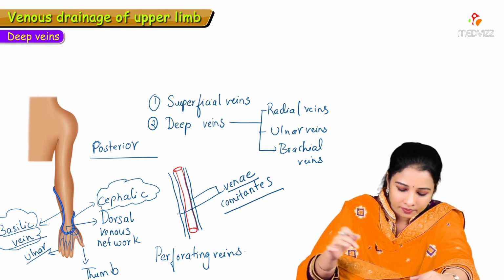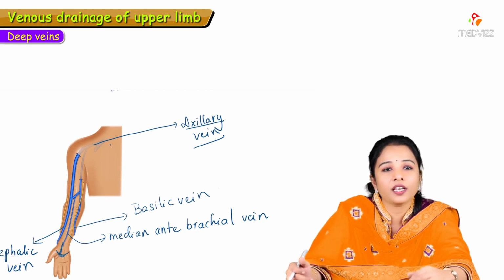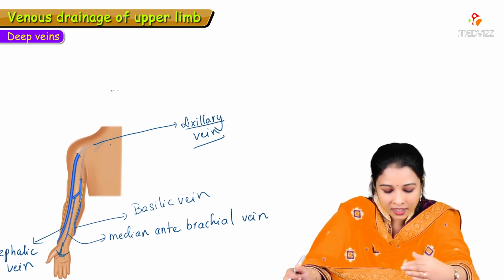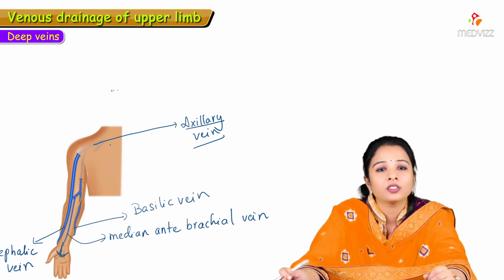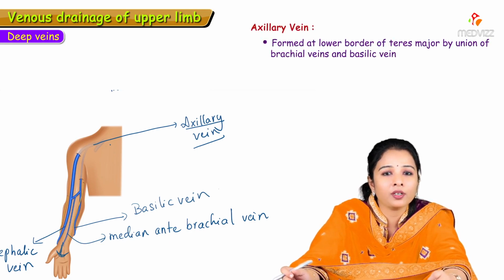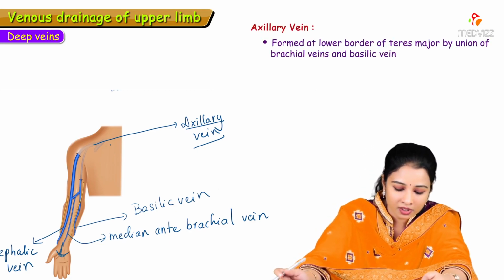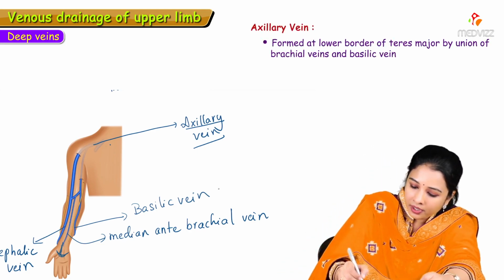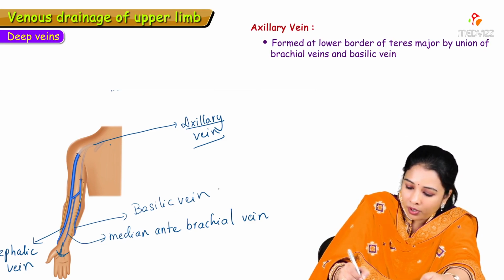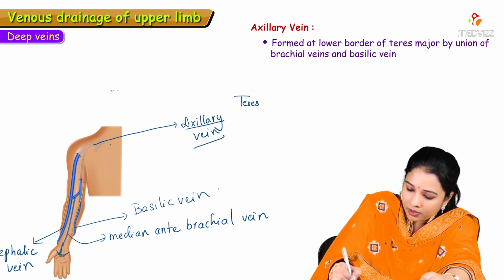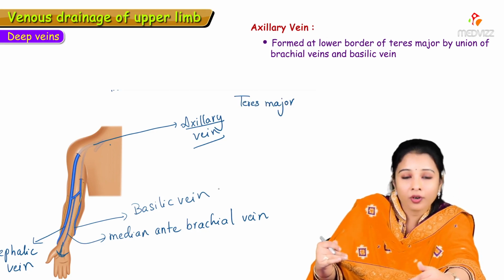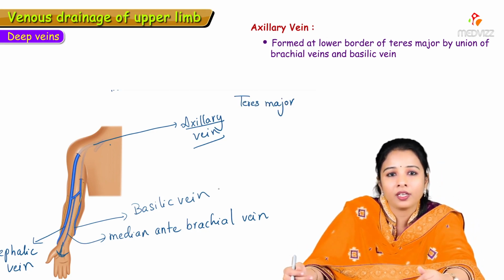Axillary vein. Here is the axillary vein, which is shown faintly because it lies deeper. The axillary vein is formed at the lower border of the teres major. So below the lower border of teres major, it is the brachial vein.